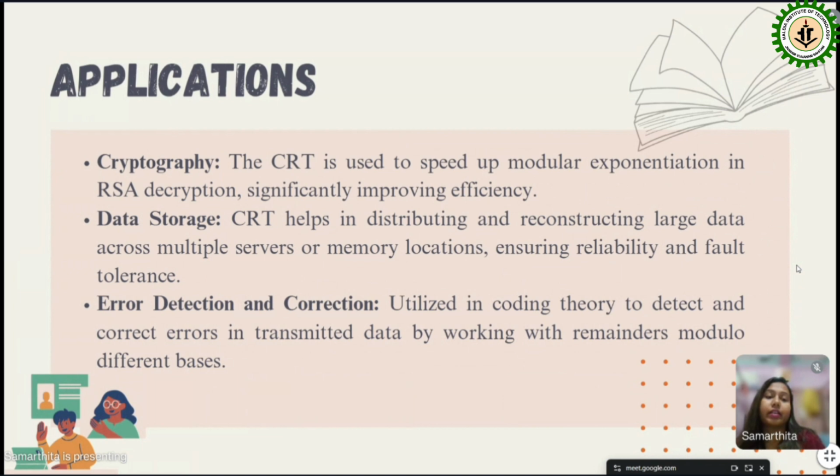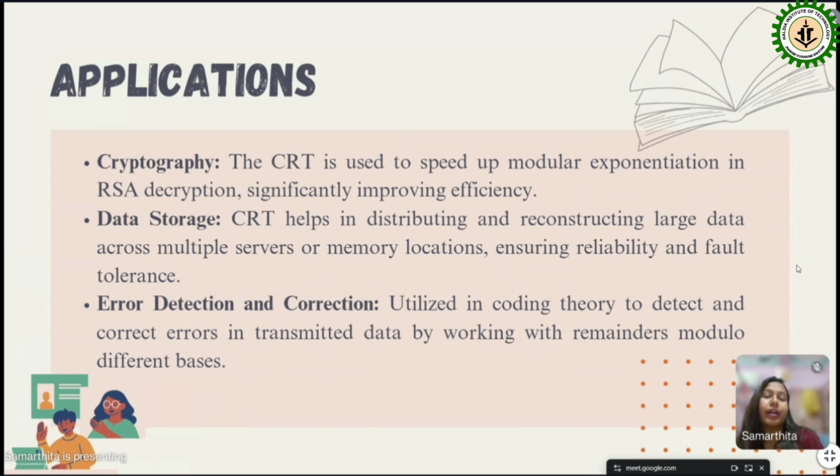Like RSA, it is used significantly to improve the efficiency of the algorithm, right? And CRT, the Chinese remainder theorem, also helps in distributing and reconstructing large data across multiple servers or memory locations, ensuring reliability and fault tolerance. It helps in data storage.